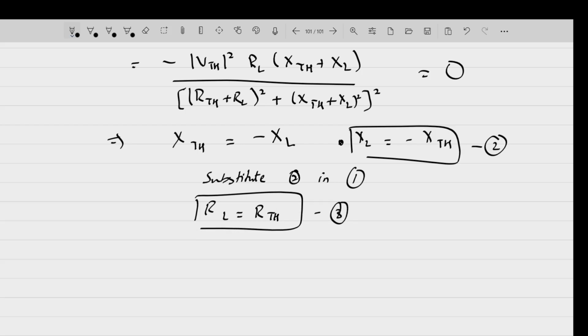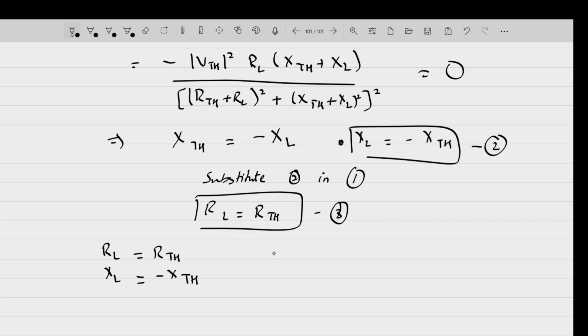So you have got the relationship now, which I had also told you earlier. What you are seeing is that at maximum power point, RL will be equal to RTH and XL will be equal to minus XTH.